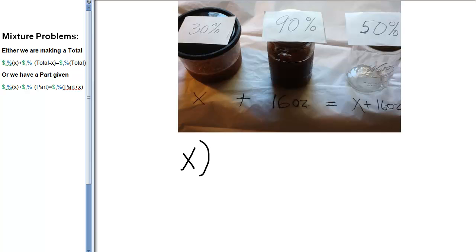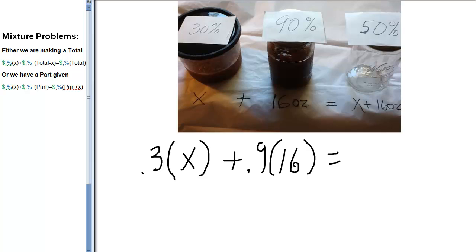So our equation will again have that amount X, always in parens. The amounts are always in parens. The heat index is a factor of 0.3, plus, because we're adding this other amount, which is 16 ounces this time. It's a given stated amount, which is the stuff that is generally considered too hot, or 90% heat index.